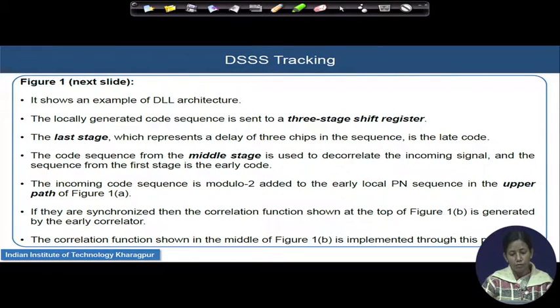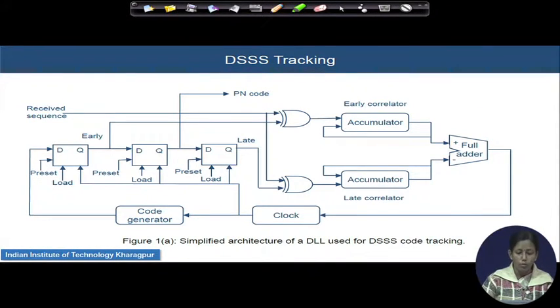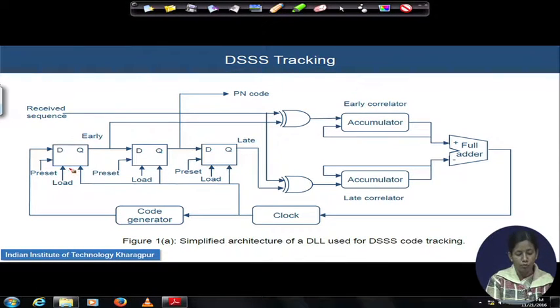Let me go to the next slide first to show you the DLL architecture. The DLL architecture looks like this, figure 1a, where you will see that the architecture is a combination of three shift register stages: stage 1, stage 2 and stage 3.